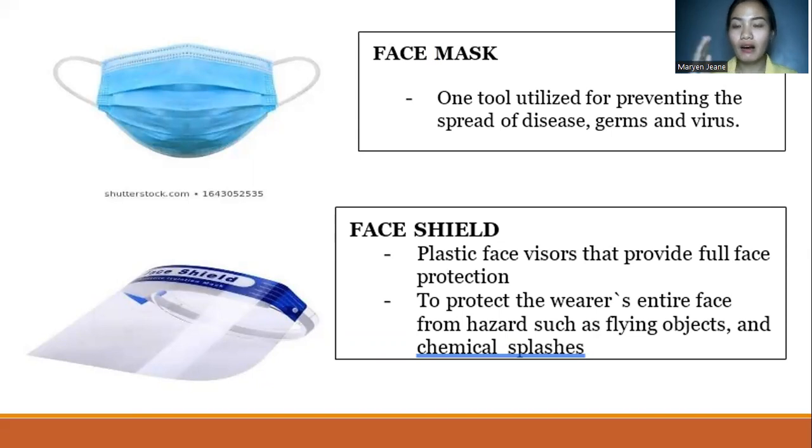But now that we have lower cases, we are in level 2, face shields are no longer required, especially when you are going to the supermarket. But when you get inside a bank, a face shield is still required.